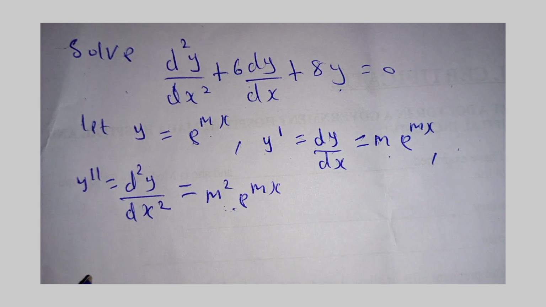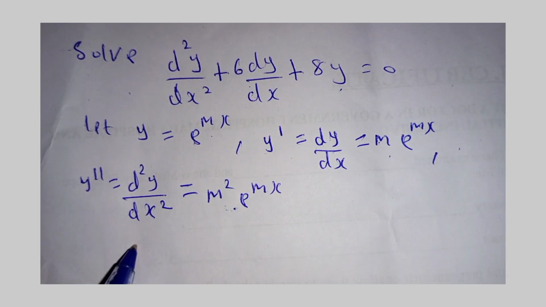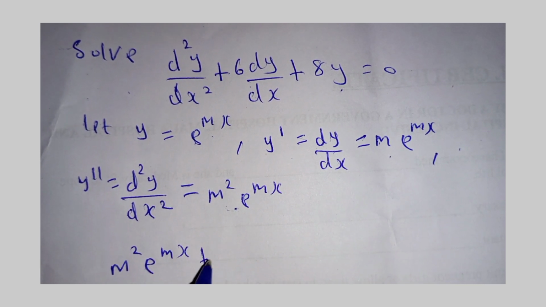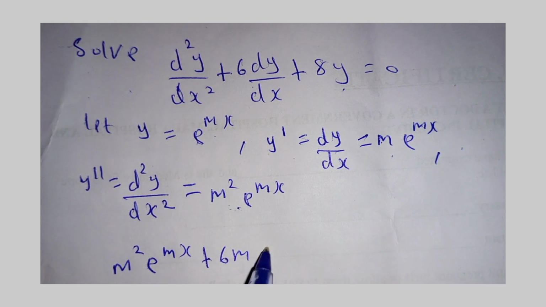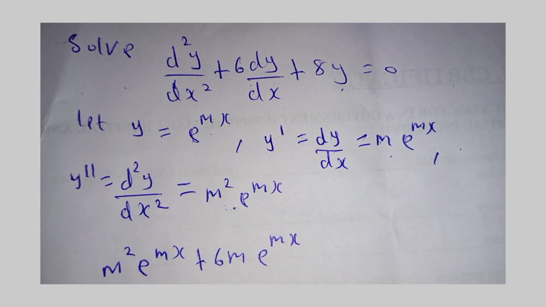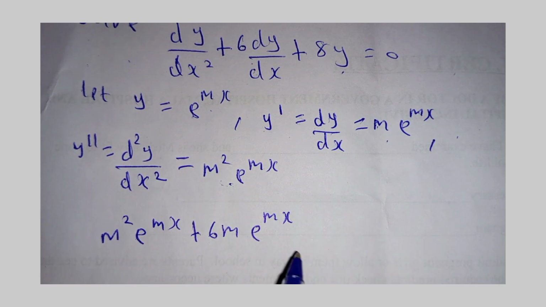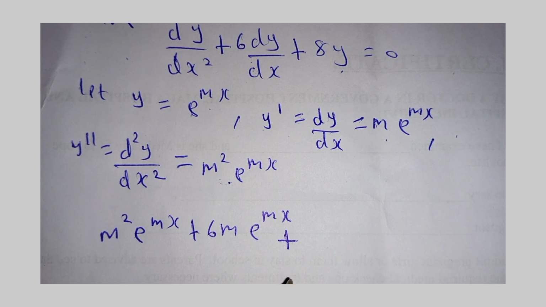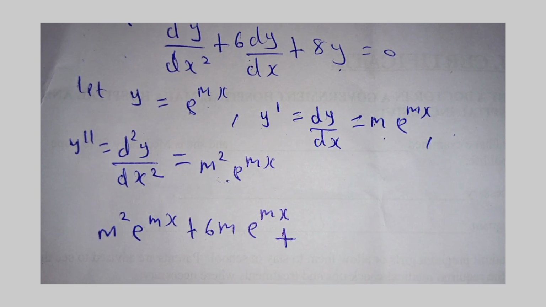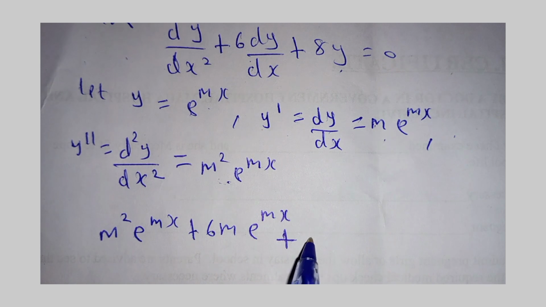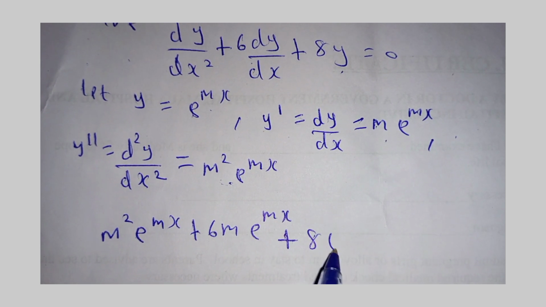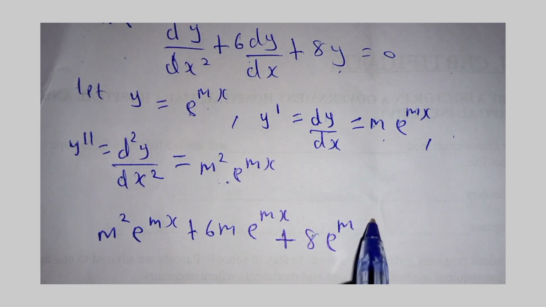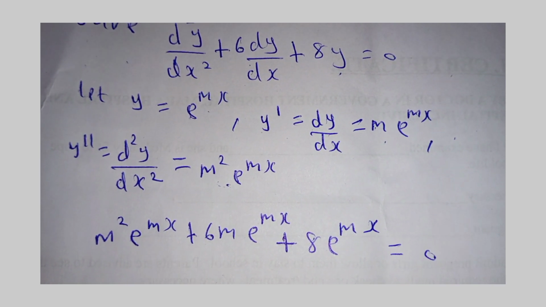So doing those three substitutions, we are going to have m squared exponential mx plus 6m exponential mx plus 8 exponential mx is equal to 0.